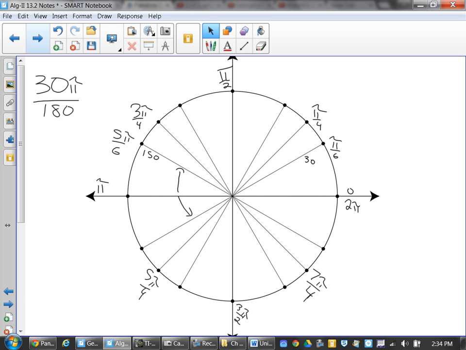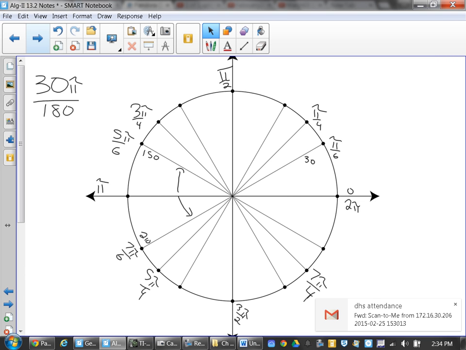If I move down 30 degrees, I'm now at 210 and 7 pi over 6. See how the reference angle is bouncing it? All you needed to know was this. The rest of them just move up and move down off of this fraction. Is the last one 330? The last one is 330.